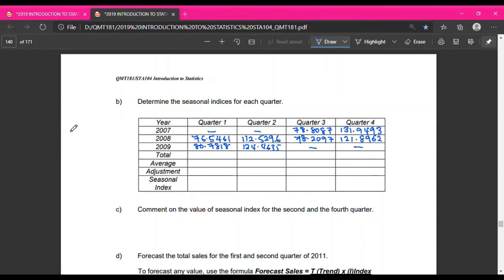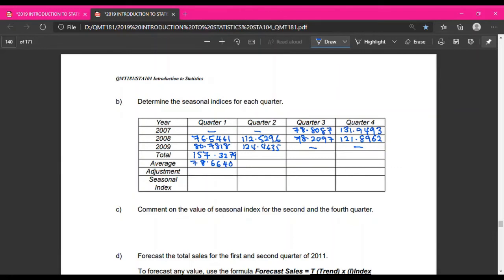Next, we want to find the total and also the average of each of these quarters. So 76.5461 plus 80.7818, it is 157.3279. For the average, we divide by 2, so the answer is 78.6640.